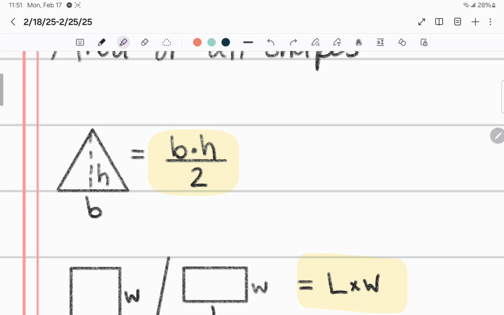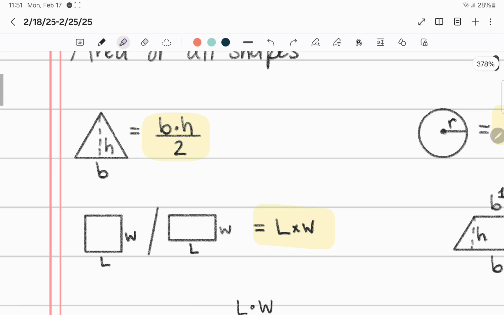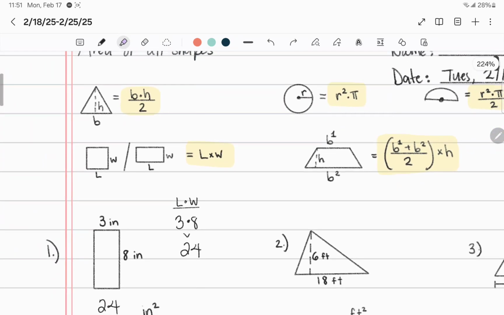So again, height is the inside, and then your base is always the bottom of the triangle, or the other number basically. So here again, we have base times height divided by 2. So our height, which is the number on the inside, would be 6, and then our base would be this bottom piece, and then again we always divide it by 2.